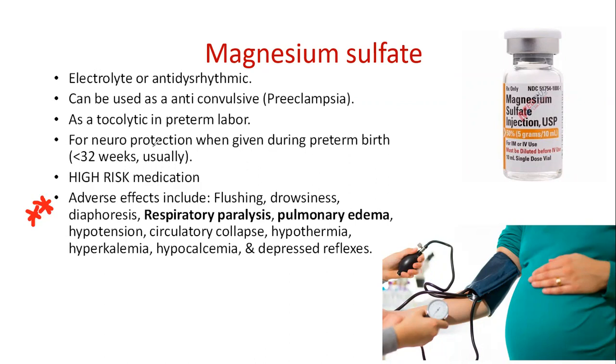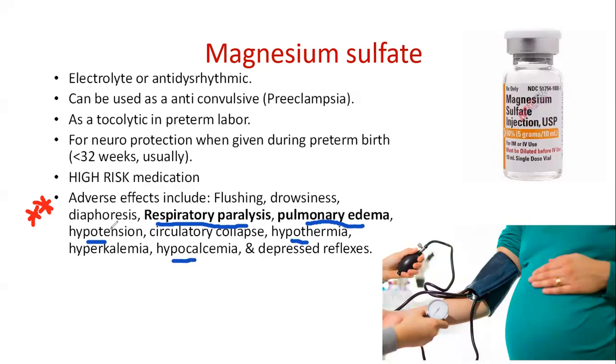So what are the special questions the NCLEX board asks? If my patient needs to take MAXSULF for pre-eclampsia or eclampsia, we need to monitor for respiratory paralysis, and we need to check the lung sounds for pulmonary edema. MAXSULF can cause hypotension, a blood pressure drop, circulatory collapse, hypothermia, and hypocalcemia.